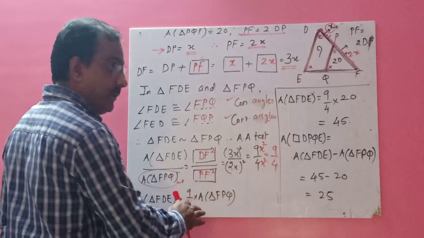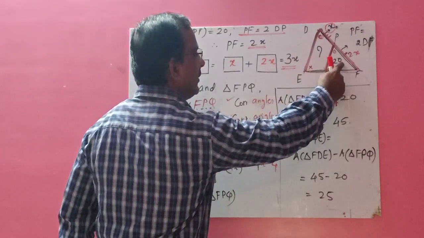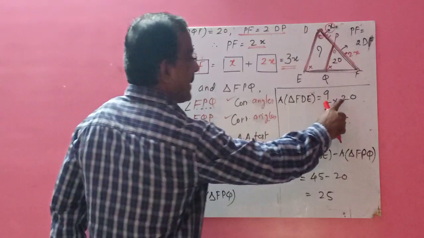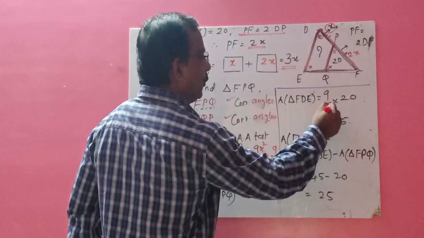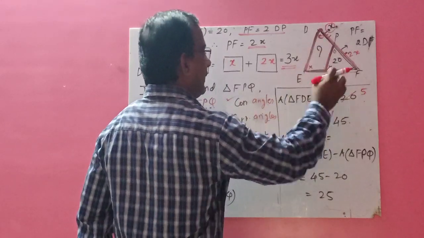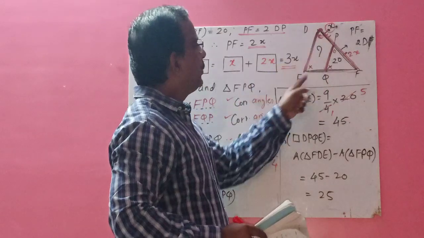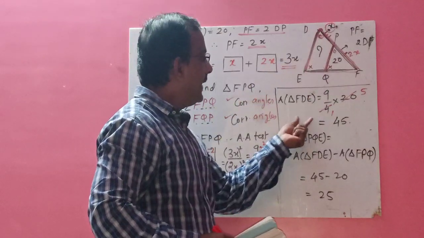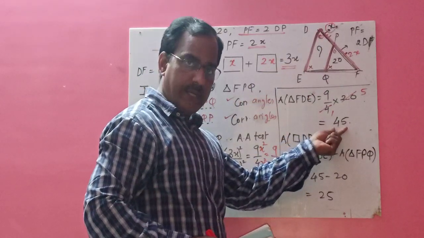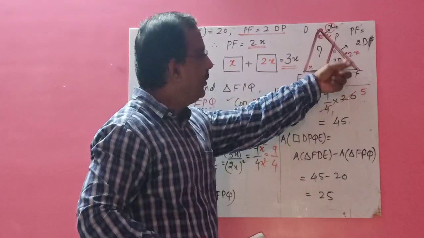Why did we transfer it here? Because FPQ is given. FPQ is given as 20, so substitute here 20. These 4 fives are 5. So you got the area of the bigger triangle. As I told you, we need the area of the bigger triangle to calculate this. So you got 45. Got it?